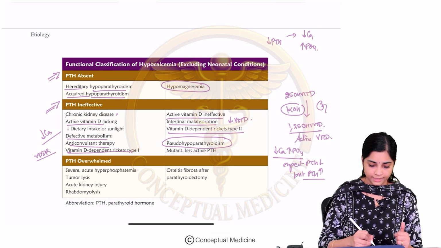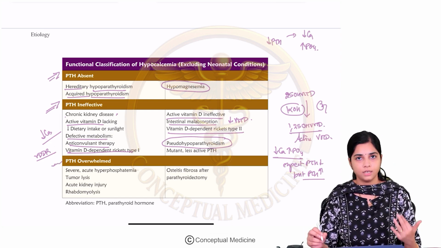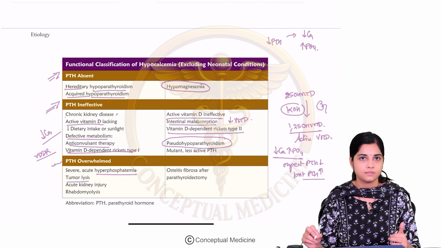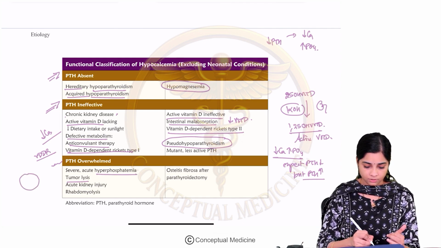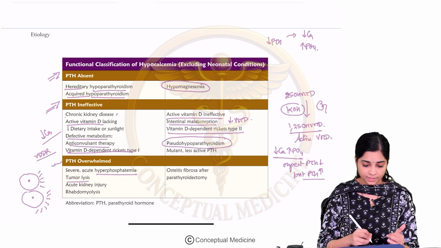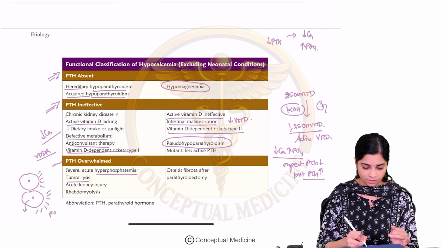Then the next mechanism is that the PTH is overwhelmed because of other conditions. So severe hyperphosphatemia, for example tumor lysis syndrome. What happens in tumor lysis syndrome? A lot of tumor cells are getting broken down, and the phosphate, which is predominantly intracellular, comes out and there is increased phosphorus.